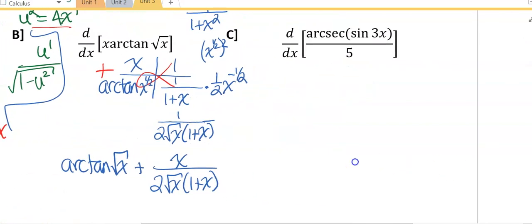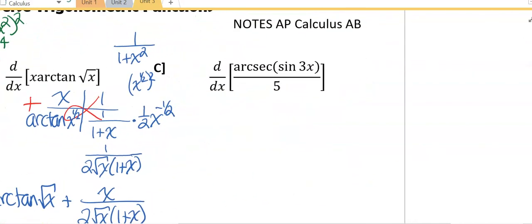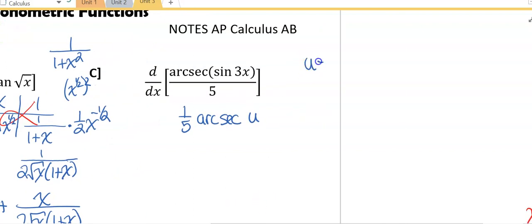Either's fine. This next one, I am actually going to use u because there's a lot going on here. First of all, I'm going to rewrite this as 1/5 arcsecant of u. I'm going to let u equal sine of 3x. That means u prime is going to be 3 cosine 3x. And u squared, why do I need that?